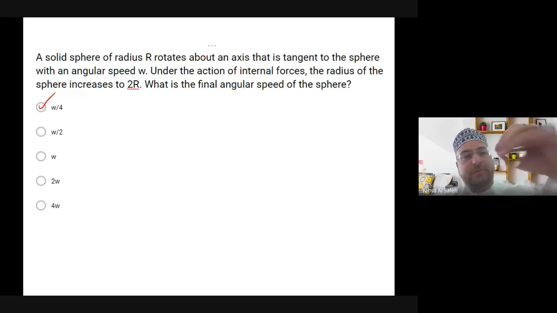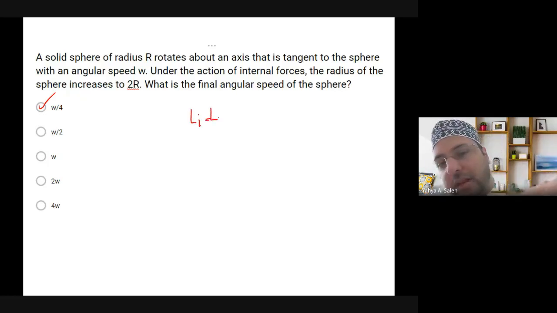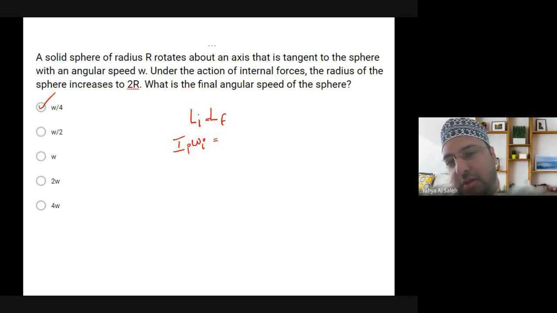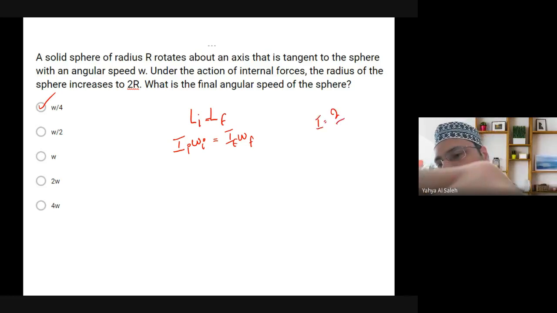Most of you chose option A, which is indeed correct. So L_i equals L_f. I initial, omega initial equals I final, omega final. It's a sphere, so I equals 2/5 m r squared.